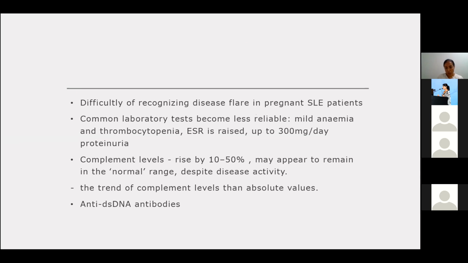So they might appear to remain in the normal range despite disease activity. Therefore, the trend of complement levels, the trend of dropping, is more useful than absolute values when monitoring disease activity. And anti-dsDNA antibody remains very helpful because it is not affected by the physiological changes in pregnancy.